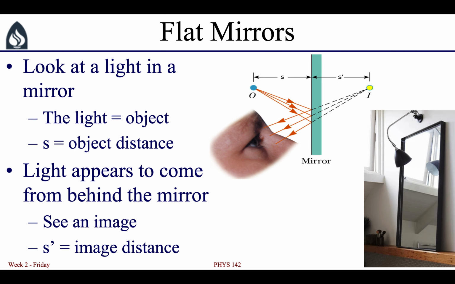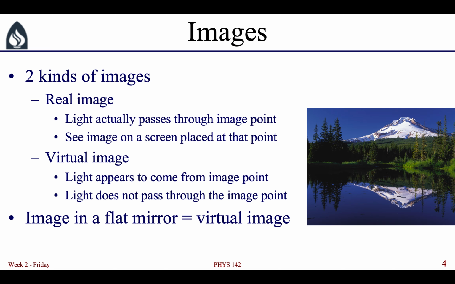So if we look at the diagram again on the previous slide, we can see that the light rays reflect off the surface of the mirror. They don't actually pass through the image point. Your brain has traced those rays back, and so you see an image in the mirror at that location, but the light rays don't actually go there. So this would be a virtual image, and all images in flat mirrors are virtual images.